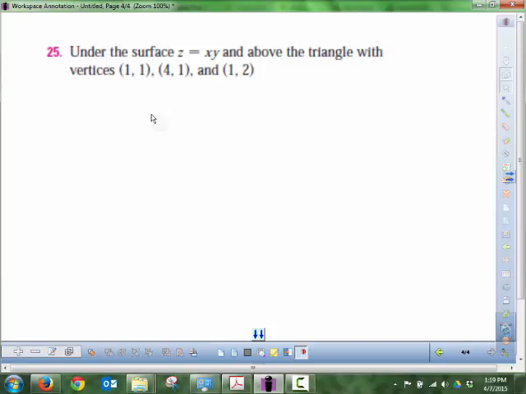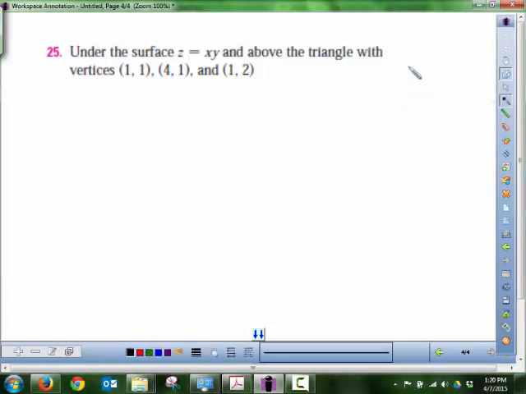All right, well, before we get 3D on this stuff, let's just look at the region and see if we can find the functions associated with the region. So for that, I need to draw something in 2 dimensions: (1, 1), (4, 1), and (1, 2).